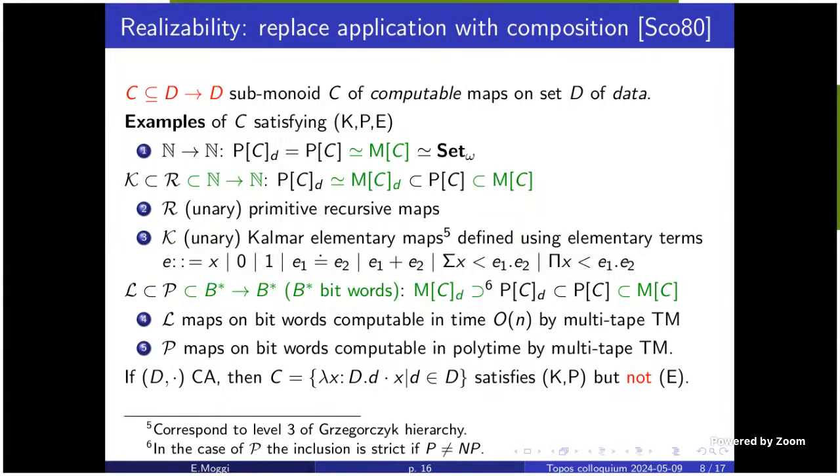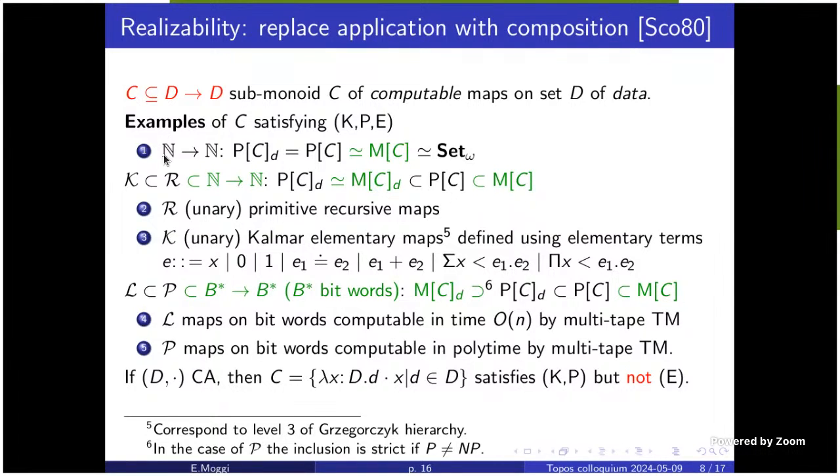Okay, now I will give you some examples of monoids that satisfy this property. I will just mention them, and then I will focus on just one, namely the monoid of polytime computable functions. So let's go in order.